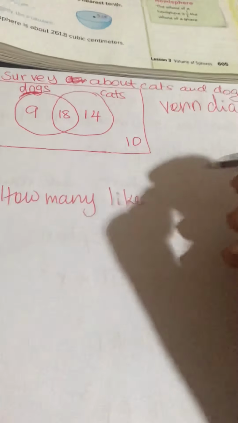Now, when you get your Venn diagram, you start asking yourself a few questions. This Venn diagram is about dogs and cats, okay? So, how many people like dogs only?